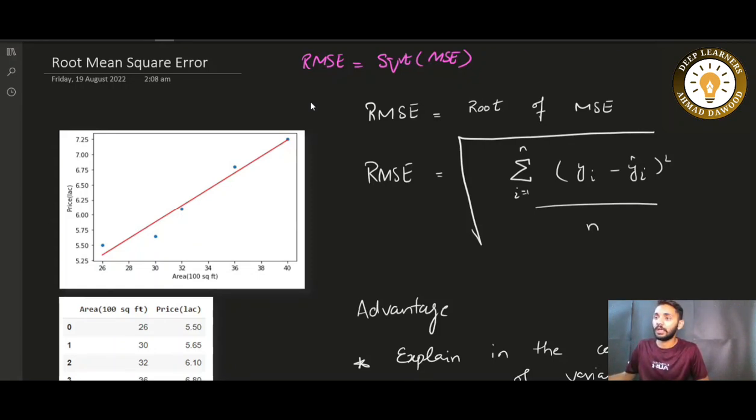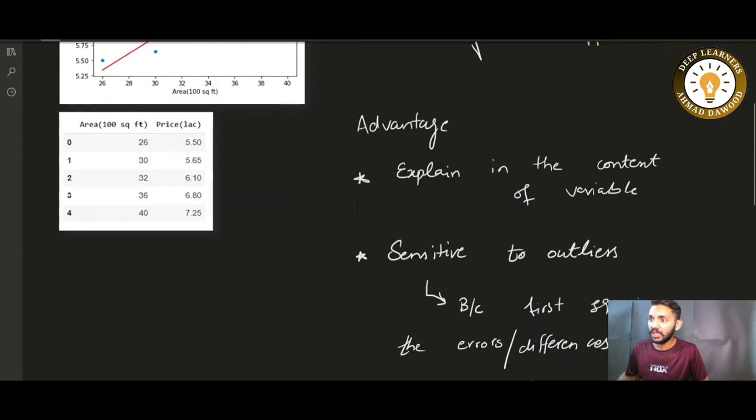The advantage over mean square error is in the case of explainability. When you have RMSE equal to, let's say, 0.13, then you can say your model is giving 0.13 lakh error, or you can say on average your model's prediction is away from the actual by 0.13 lakh.